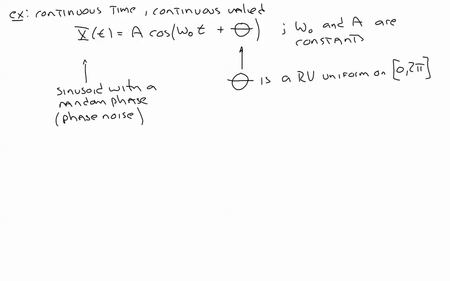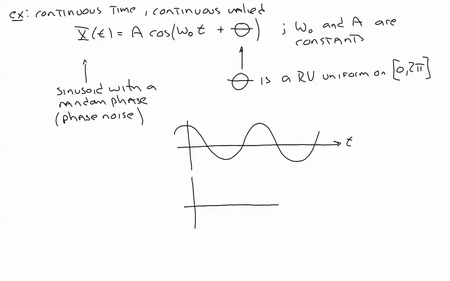Okay, so sample functions might look something like this. Peaks up and comes down and up and down and up and down. Another sample function might look like this, peaks up a little bit later. Those kinds of things.